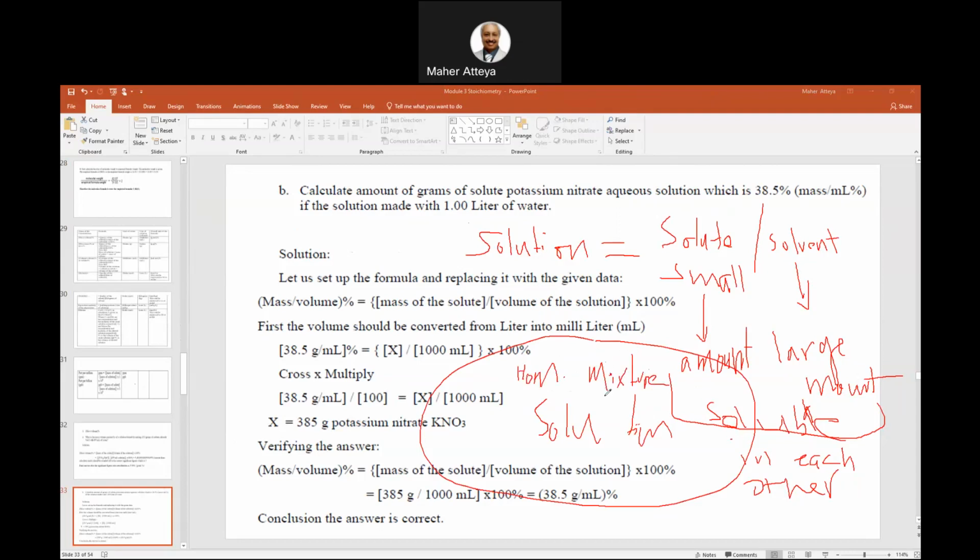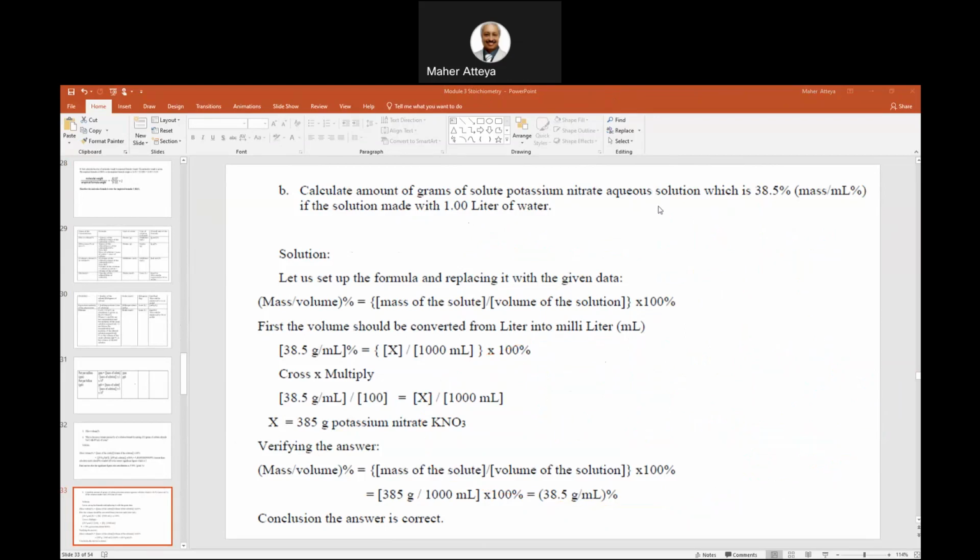So let's look at this one here. This is tricky. They give you the percentage in advance. The percentage is given to you, mass over volume, and they give you the volume of the solution, correct?